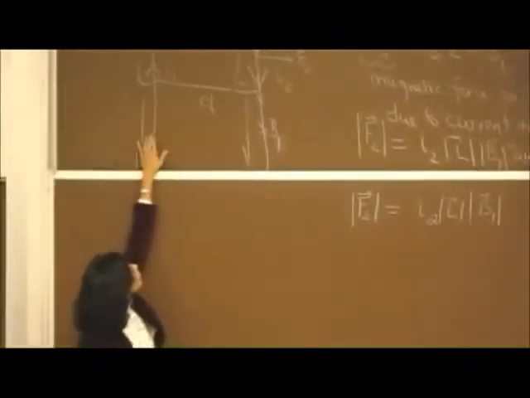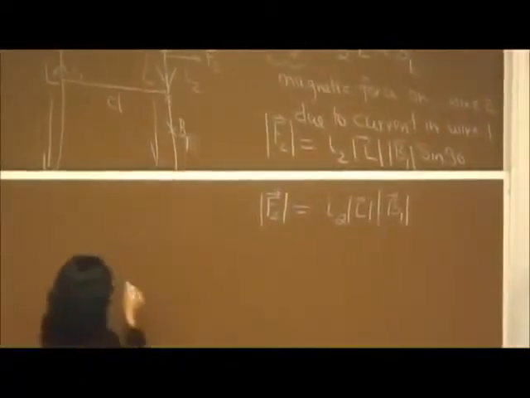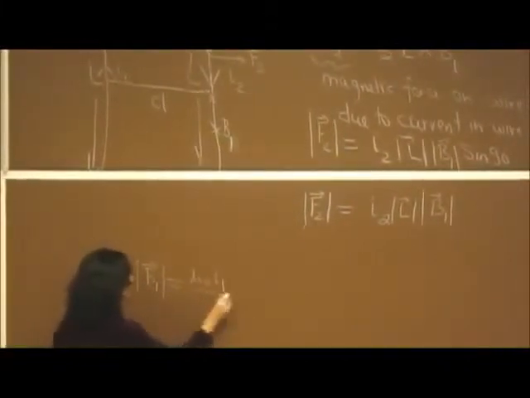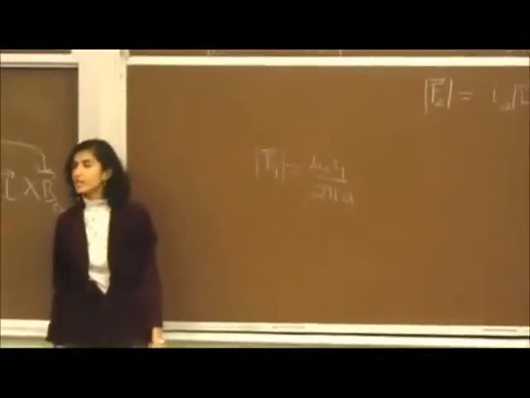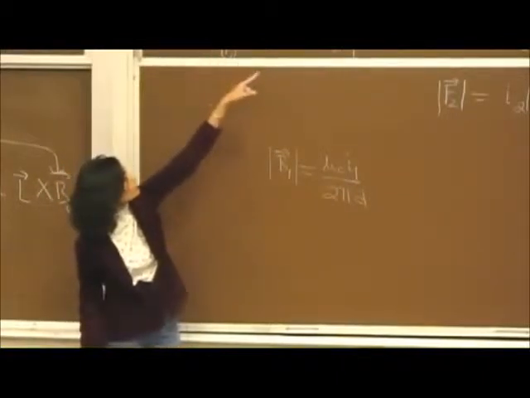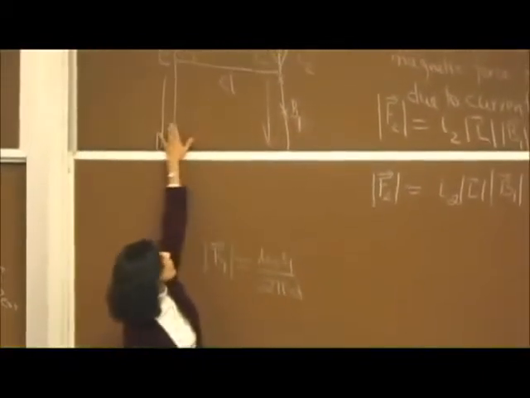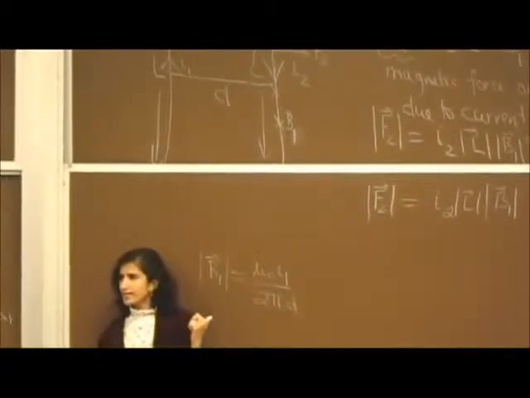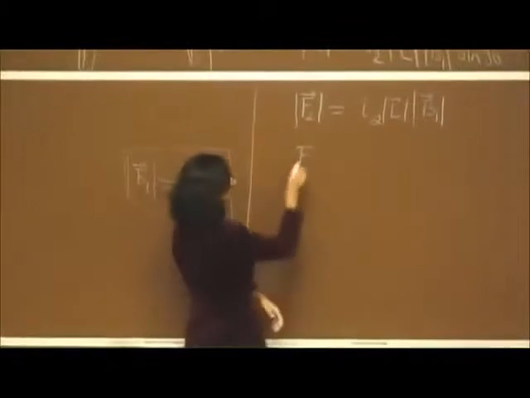B1 is the magnetic field produced by this wire which is carrying current I1 at the location of wire 2. So in this case B1 will be mu 0 times I1 divided by 2 pi times the distance between the two wires, because we are really talking about the magnitude of magnetic field produced here from the wire that is producing the magnetic field. Is this making sense? Okay, so if that's the case, let's try to plug this here.